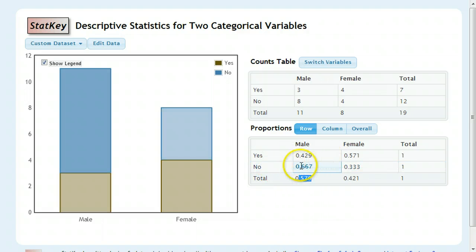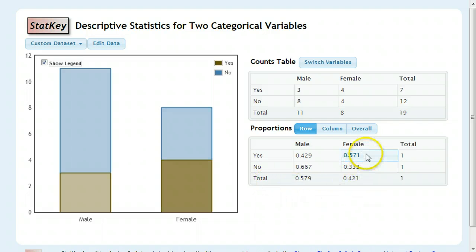And of the people that say no, I don't have a car, 67% of those are male, which is different than the 58. If all three of these numbers were roughly the same, then I would say that gender doesn't really help you predict whether or not they own a car. But the fact that these are so wildly different means, yeah, there probably is a relationship. There's something going on here.